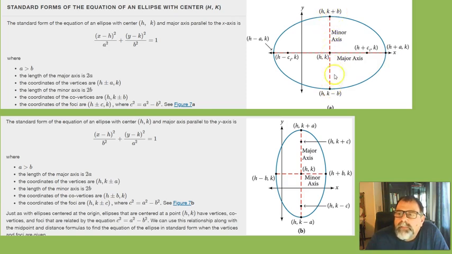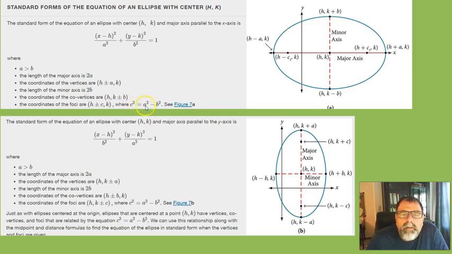So it'll be h, k plus b and h, k minus b. And then your foci, you're going to add or subtract c to the h coordinate for the foci. And pretty much everything's the same. Major axis still 2a, minor axis still 2b. You still have this equation that relates a, b, and c.